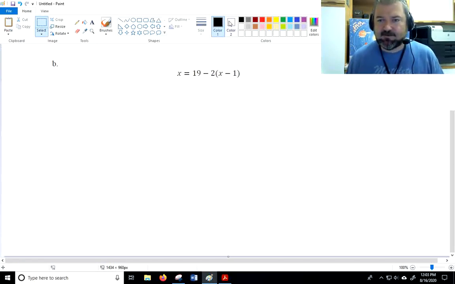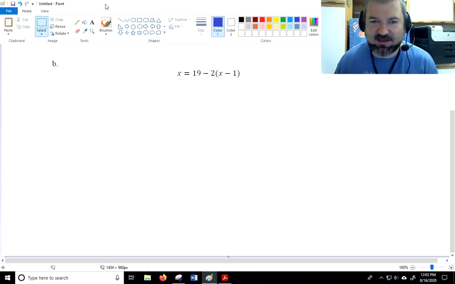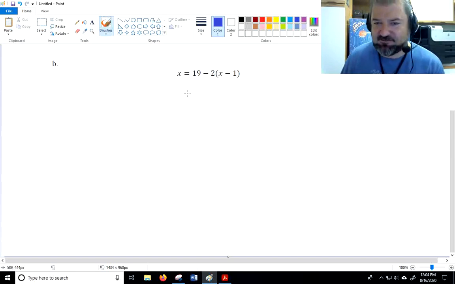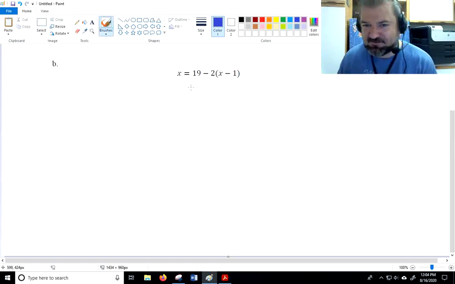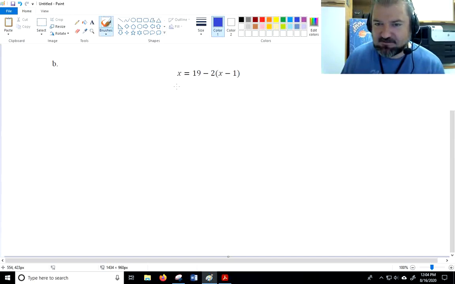Okay. This one's kind of funny. It just feels awkward, I think, whenever there's just an x on one side. I always feel like it's an unbalanced balance beam or something. But we can handle it. So the -2 becomes a -2x, and then -2 times -1 is a +2.